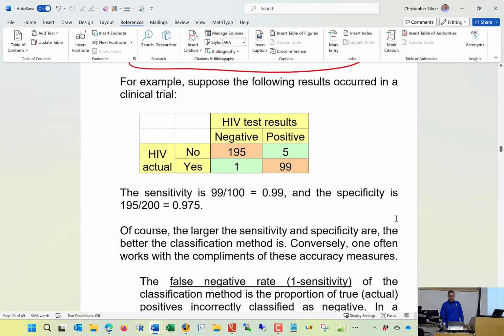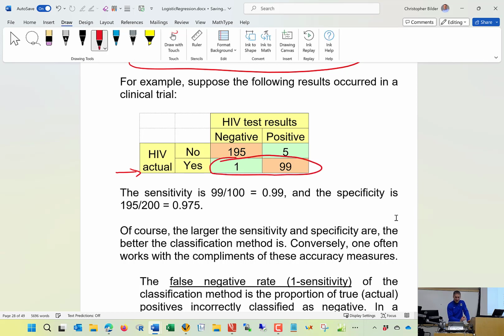So let's say the clinical trial came back with the following results. Notice sometimes there were errors. So if we focus on HIV actual is yes, we are in this row. We're conditioning on being in this row.